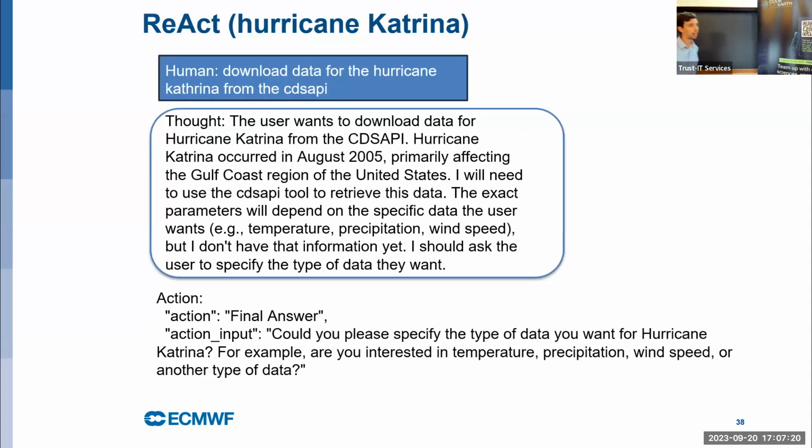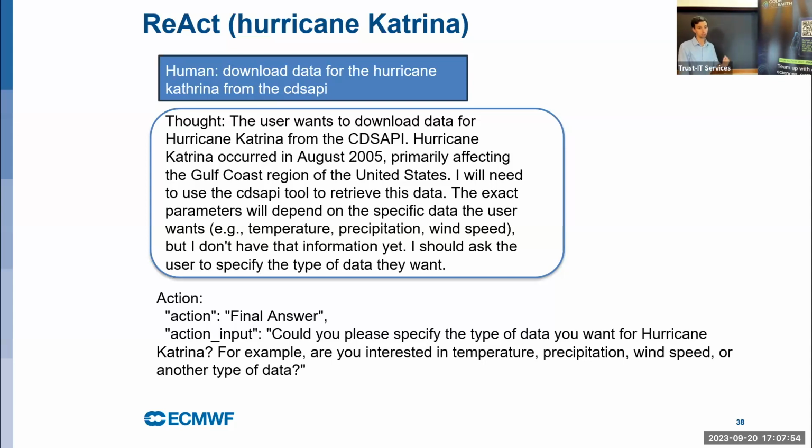These are actually examples directly from the query that we asked before regarding Hurricane Katrina. As before, in blue there's the user, and the other is the internal flow of the large language model. This is not shown to the user, but that's what happens underneath. Here ChatGPT says the user wants to download data for Katrina from the CDS API.